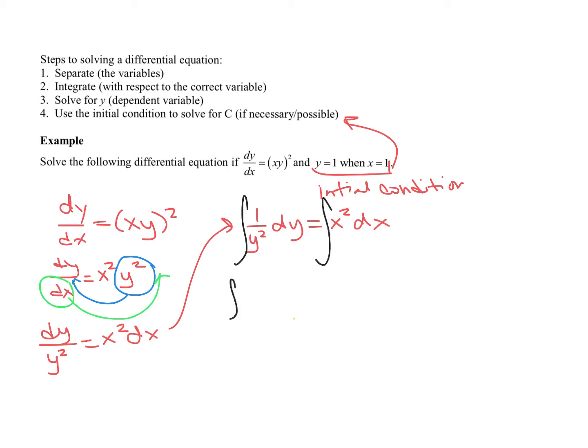The left-hand side, keep in mind, is the same as y to the negative 2 dy. We take the integral of that and we end up getting negative y to the negative 1. On the right-hand side, we get x cubed over 3. Now, it's really, really important that you first of all make sure that we have y and y.